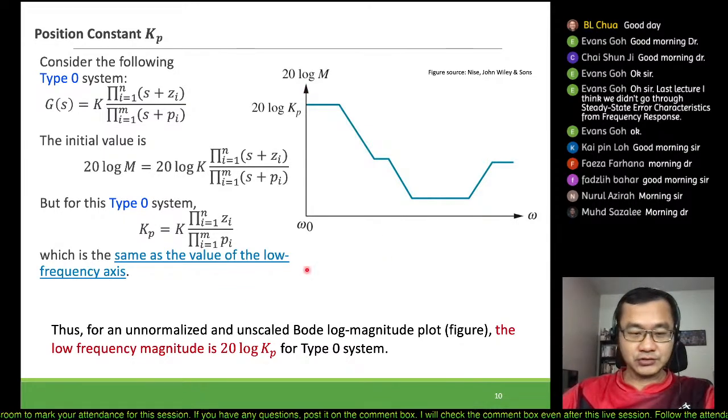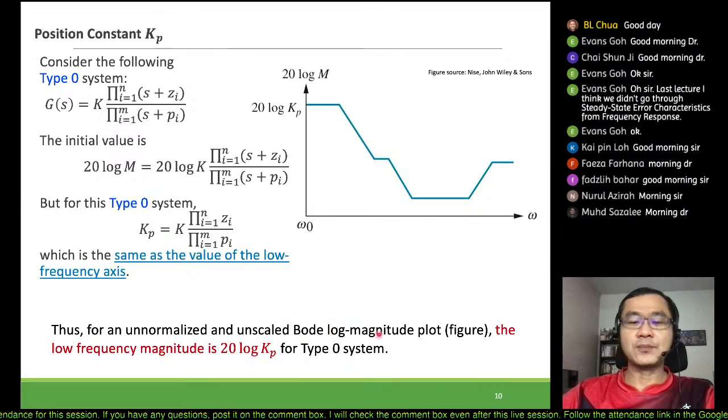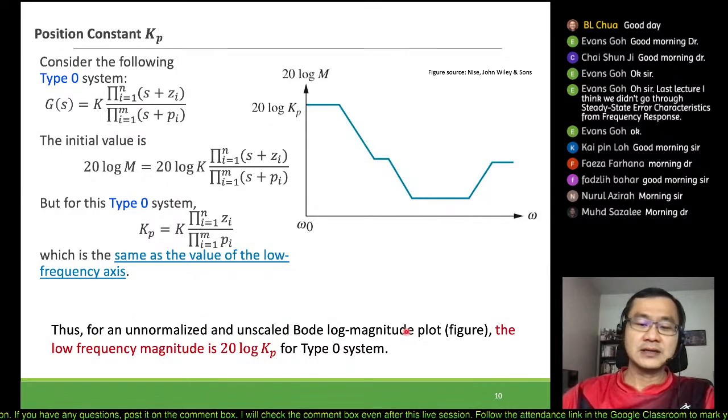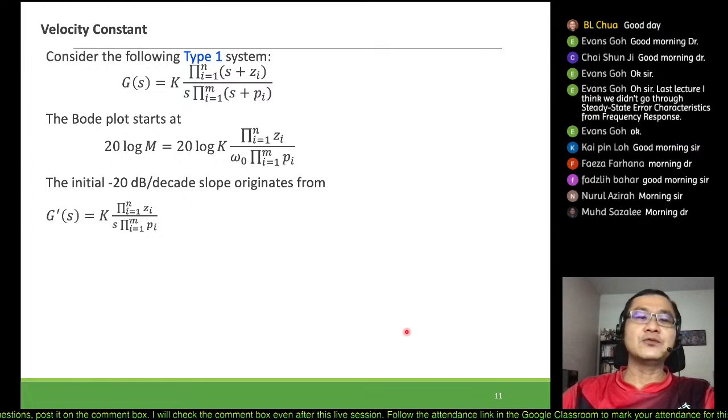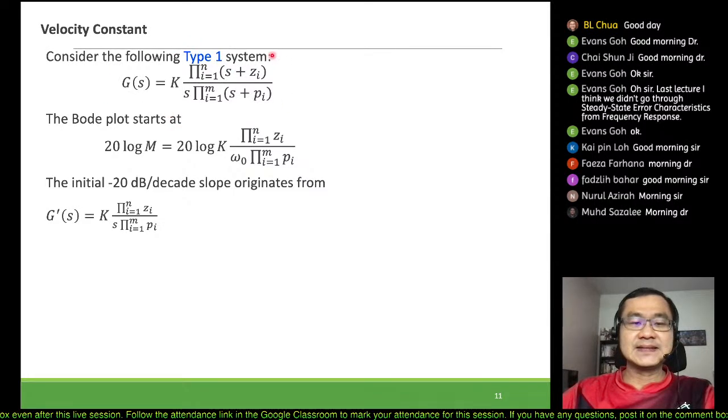Okay, so remember, unnormalized and unscaled Bode plot, you have to use this. Then for the velocity constant, again you have this so-called gain, or transfer function.